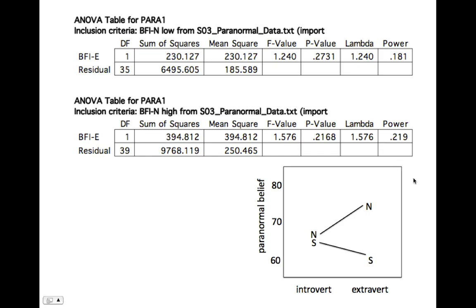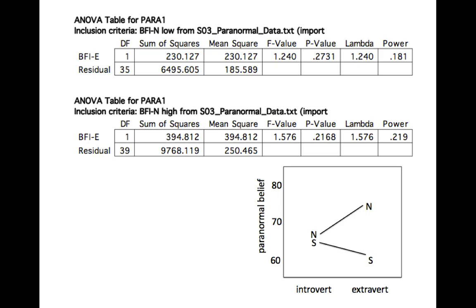What means are we looking at? We're looking at the two S's, the stable. The inclusion criteria is people who scored low on neuroticism, which is stable. And so what this top paired comparison tells us is that the people who are stable personality but introverts did not score any differently than people who were stable and extroverts.